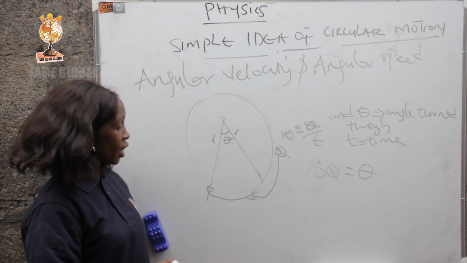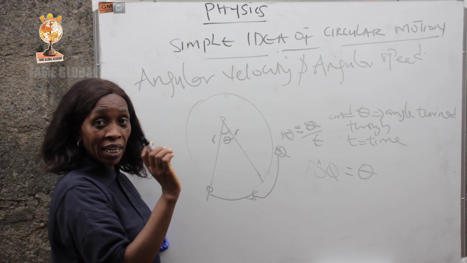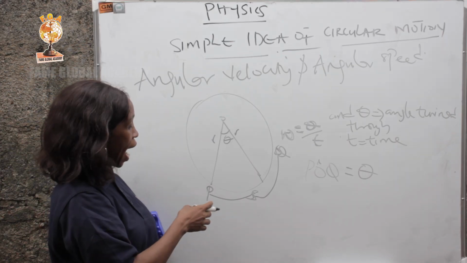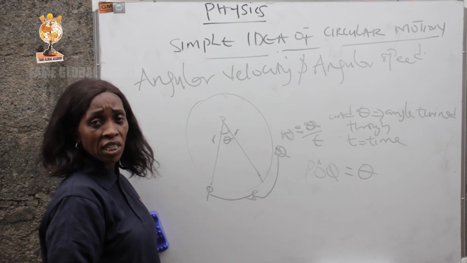When a stone moves from P to Q in a given time, the radius is being sustained at an angle theta.